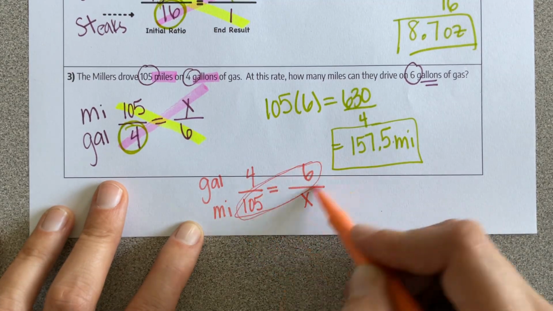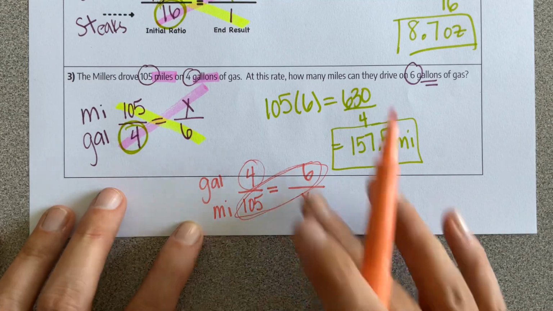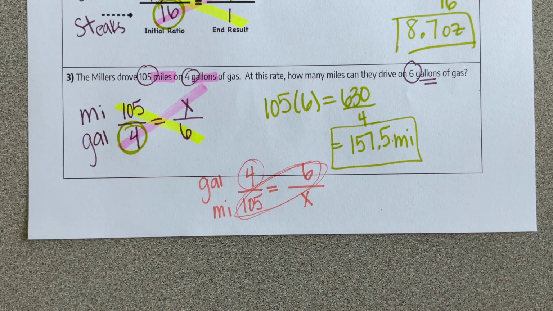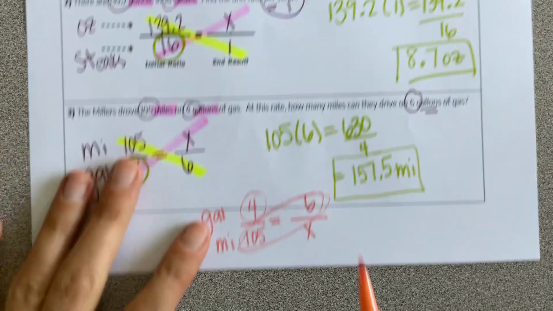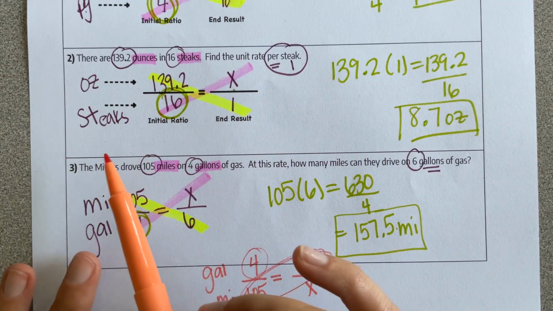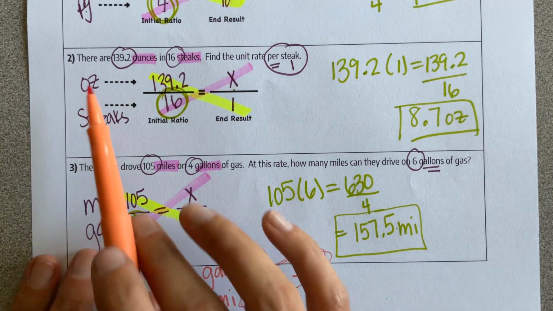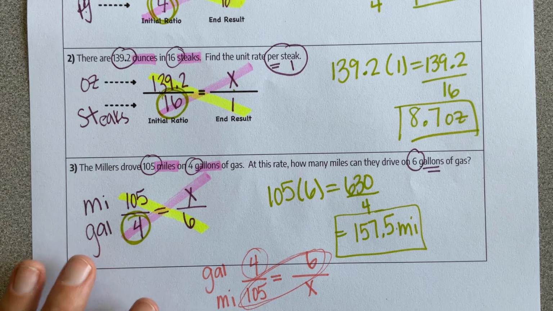We still have 105 and 6 being multiplied, and we're still divided by 4. We get the same answer. So the nice thing about a proportion is order does not matter, because sometimes people want to do the unit rate problems without proportion, just dividing. You can do that. You just have to be very careful of what goes on top versus what goes on the bottom.